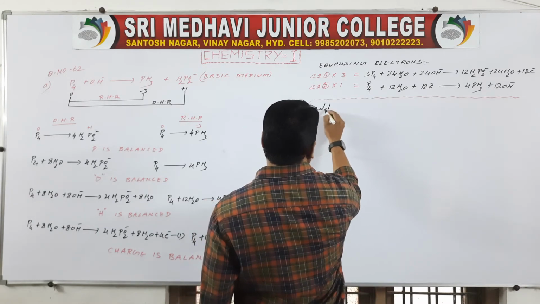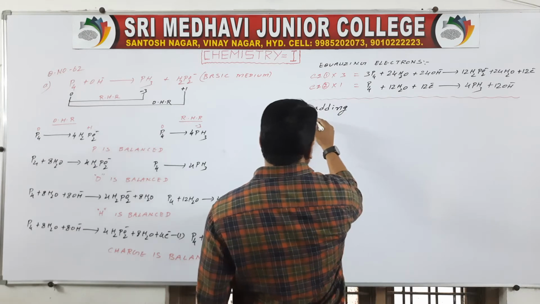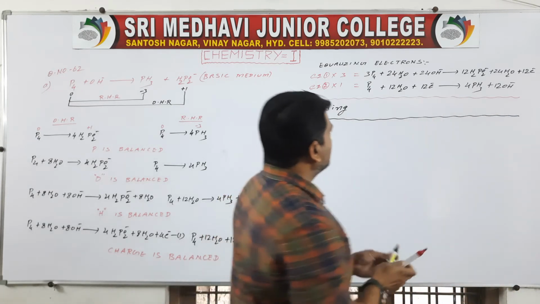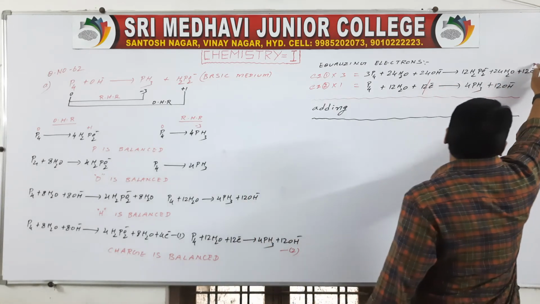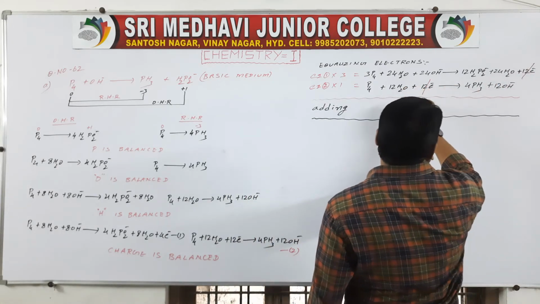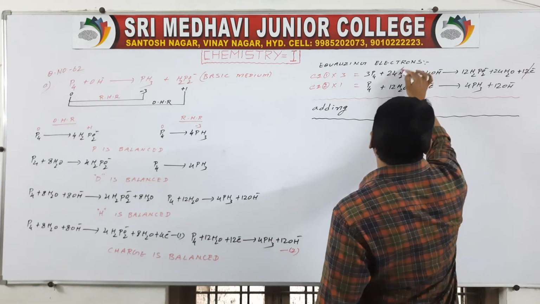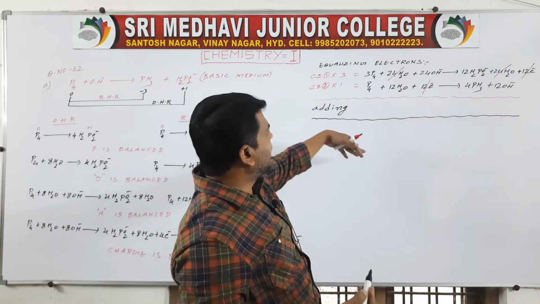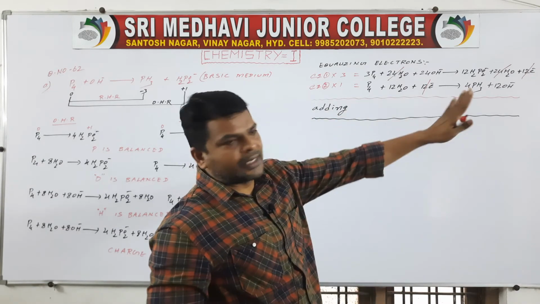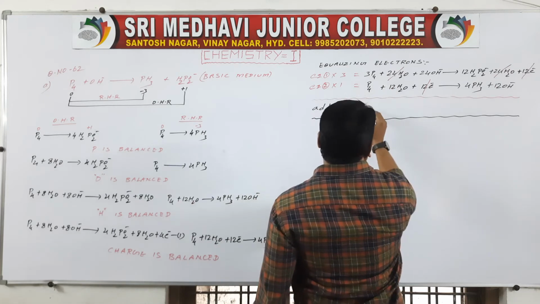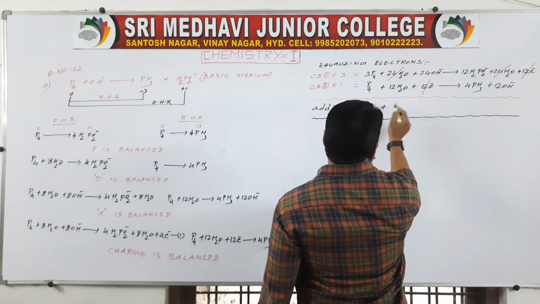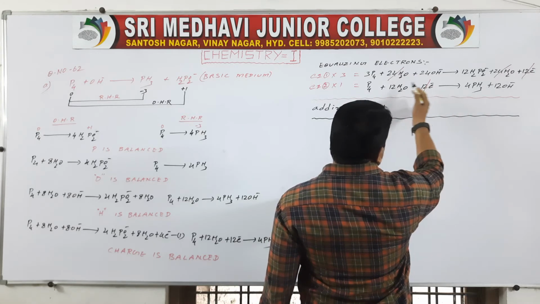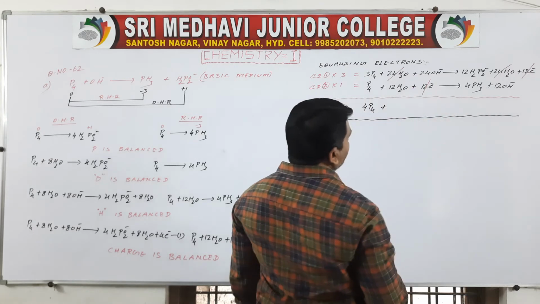Now adding, 12 electrons cancel. 24 H2O cancel. Then you have to write reactant side, product side. 3P4 plus 4P4 plus 12 H2O. Any H2Os there?